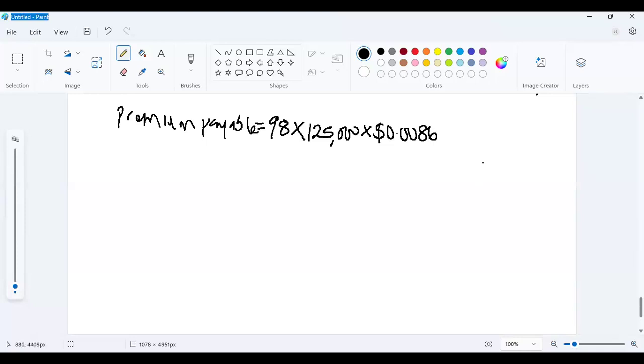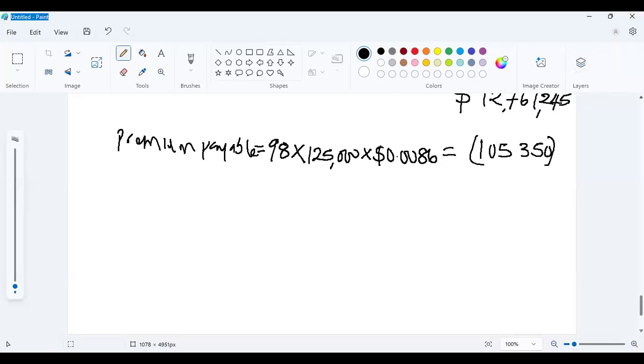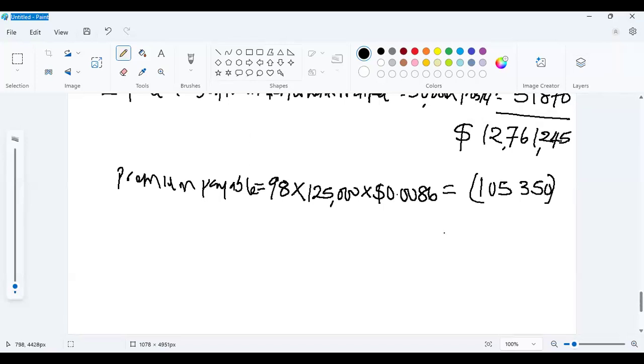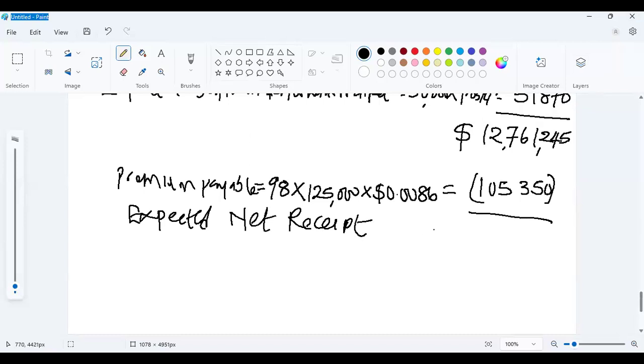This will now give us the premium payable in dollars. If you work that out, you are going to have 105,350,000. This is a premium, it's a cost. You can now get your net amount because out of this, you must pay premium. Expected net receipts in dollars.